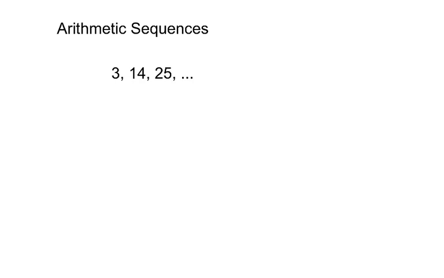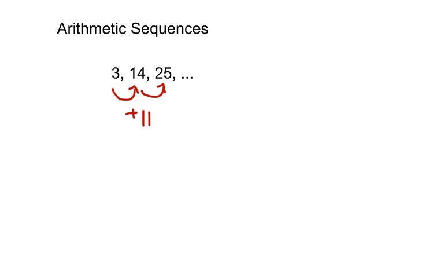An example of an arithmetic sequence is the one you can see. It starts with 3, then goes to 14, then goes to 25, and continues on in that fashion. This pattern is not a very difficult one to see. As we go from 3 to 14 and from 14 to 25, we can see that the number is increasing by 11 each time.